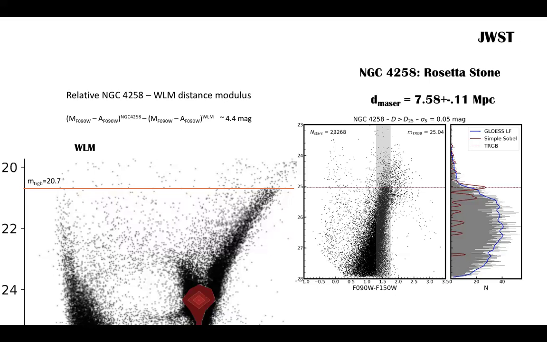But if you did this and you looked at the difference, taking into account small reddening differences, then you can see that this would be the difference in modulus between this Local Group galaxy and that one there. So if you had the distance to this Local Group galaxy or any of those other ones I talked about, then you would be able to make a separate measurement, which you could then compare with this maser distance, just to see that we're all on the same page.